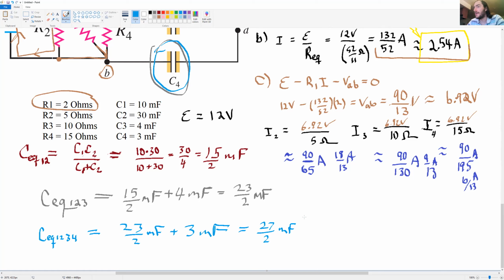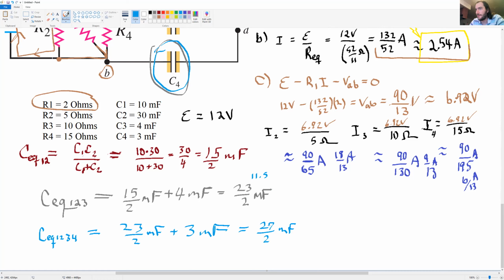Or what is that, 13.5, right? Oh, wait a minute, that doesn't make sense. Did I make a little arithmetic error here? 23 over 2, yeah, this is 11.5. Oh, yeah, I did make an error.